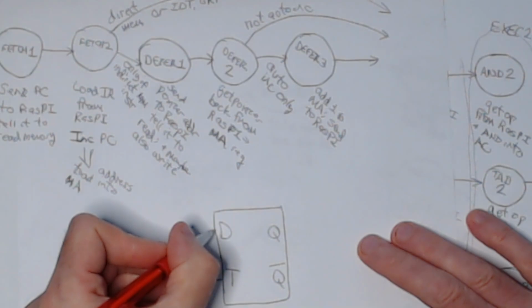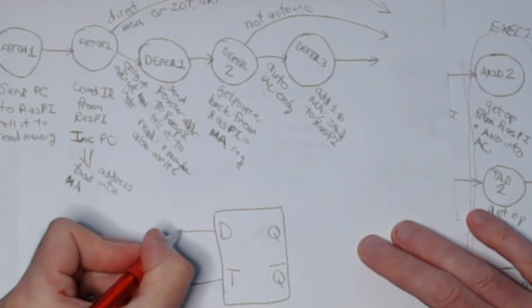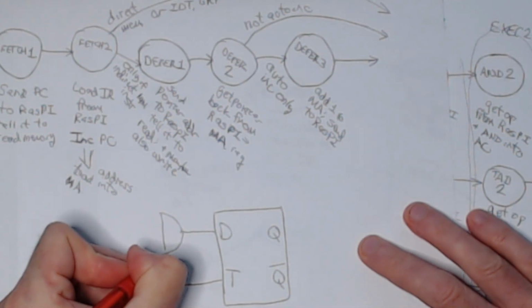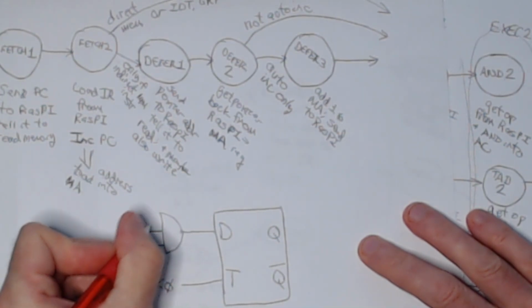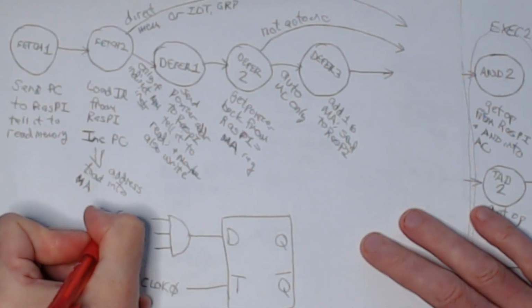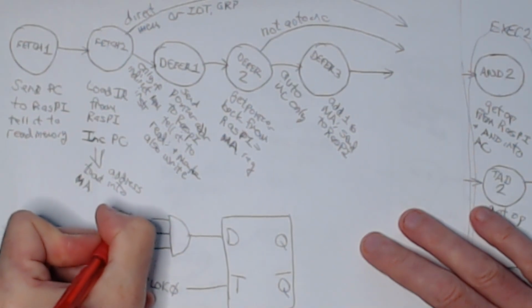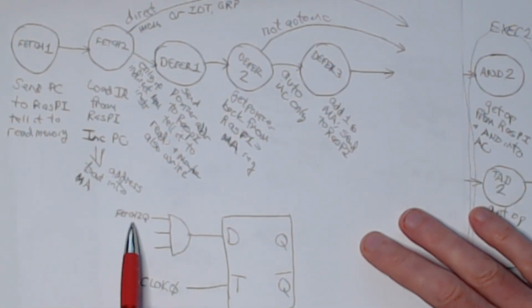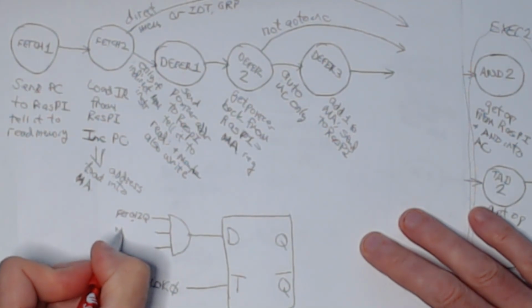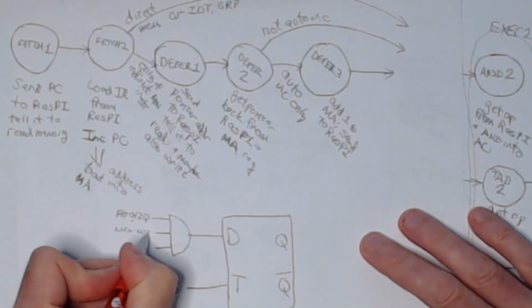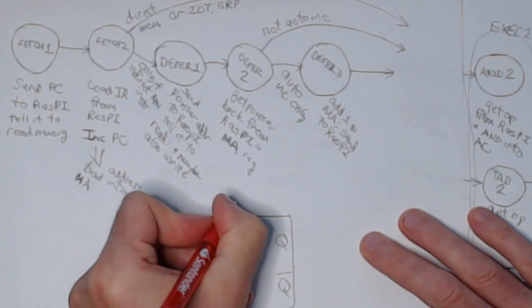Now, what we want this to be is an AND gate. It had to be in fetch 2, so we can put fetch 2 Q. That means that the processor is currently in fetch 2 state, and mem_inst saying there's a memory reference instruction. Oh, we should label this flip-flop defer 1.